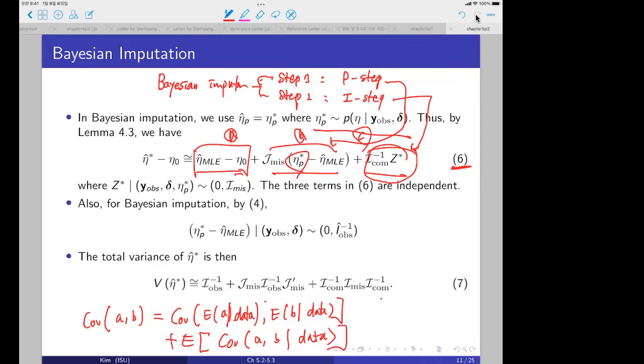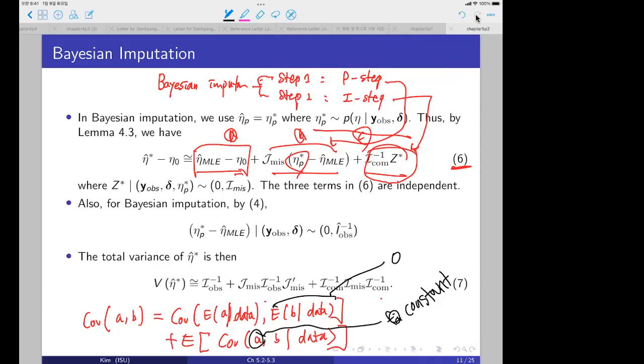So conditional on data, this guy has 0 expectation, and the covariance is 0 because A is fixed, a constant with respect to the posterior step mechanism and the randomness in imputation.